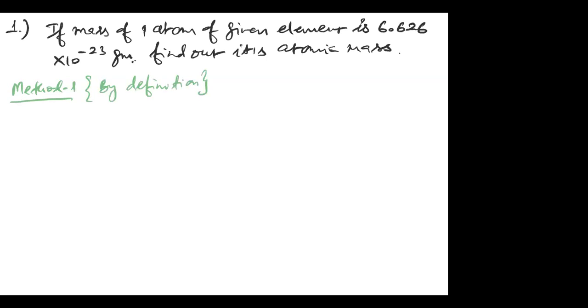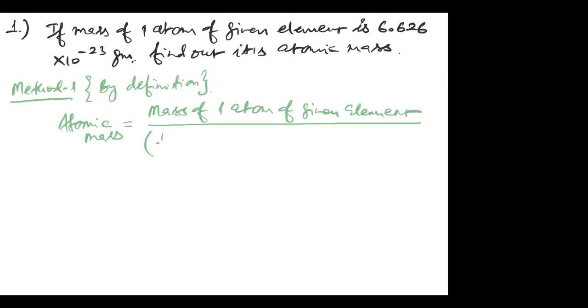As per definition of atomic mass, atomic mass should be equal to the ratio of mass of one atom of given element to 1/12 mass of 6C12 atom.